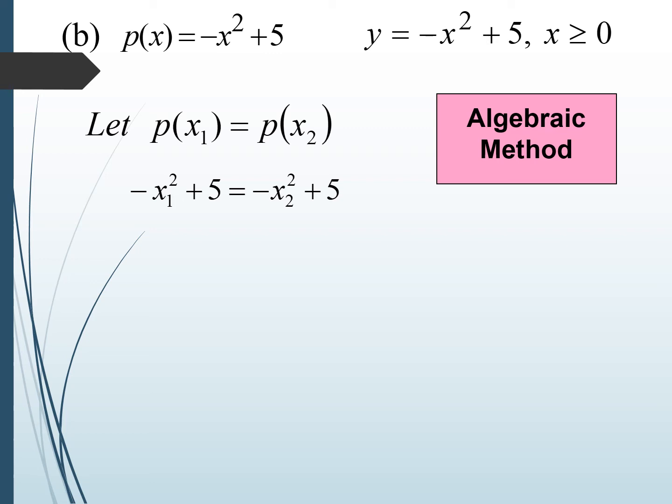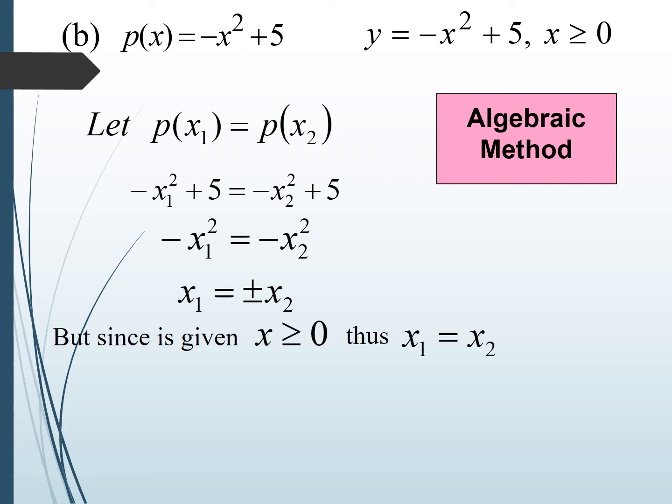We bring the 5 to the right-hand side, and we get negative x1 squared equals negative x2 squared. So we get x1 equals plus or minus x2. But since x is given as more than or equal to 0, x1 equals x2. So we ignore x1 equals negative x2 because the given domain is x more than or equal to 0. Therefore p(x) is a one-to-one function.